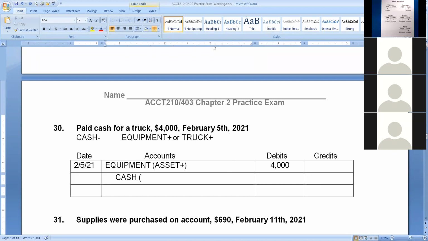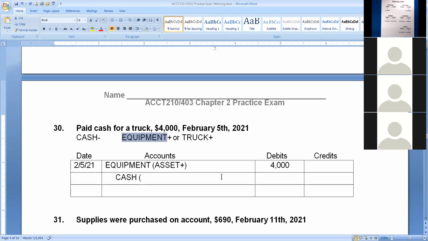You don't want to put it as expense initially, because expense means it will go on the income statement. You'll minus it right away. And here's the thing, we haven't talked about this. It's probably a good time to do it. Equipment is long-term, usually more than 1 year. And so you actually expense it as you use it.